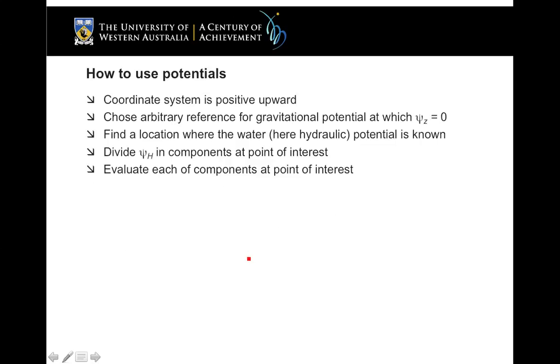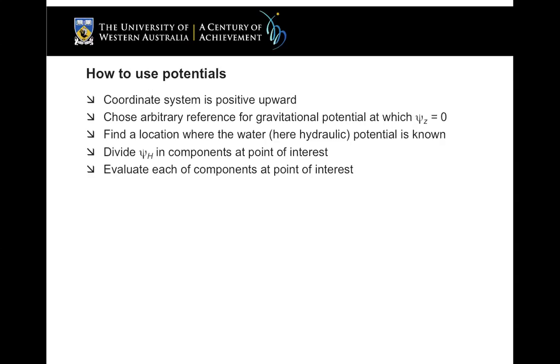So how do we use potentials? When doing the calculations, we always define the coordinate system as being positive upwards. We choose an arbitrary reference level, for example, at which the gravitational potential is 0, and it doesn't matter where we choose that, as long as we choose one.